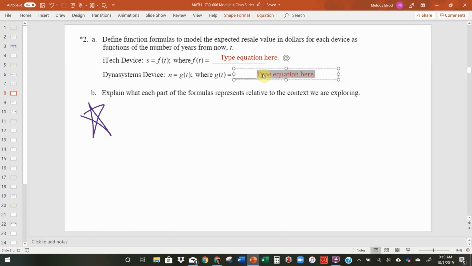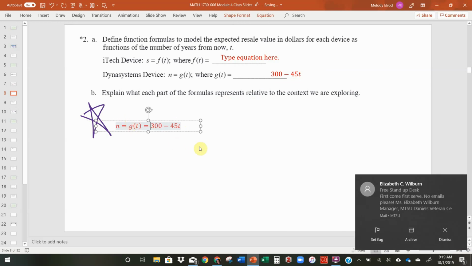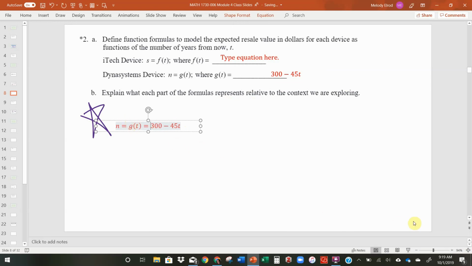Because it's a linear model, we know it has an initial value of 300 and it reduces by $45 each passing year. Now, the second part down here asks us to consider what the different pieces of this model represent. So if we say n equals g of t, which is 300 minus 45t, we can start to think about what these different pieces represent here. In fact, let's do that. So we can say that the 300 represents the initial value.